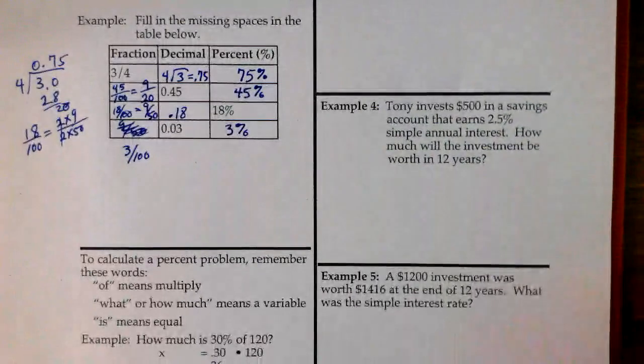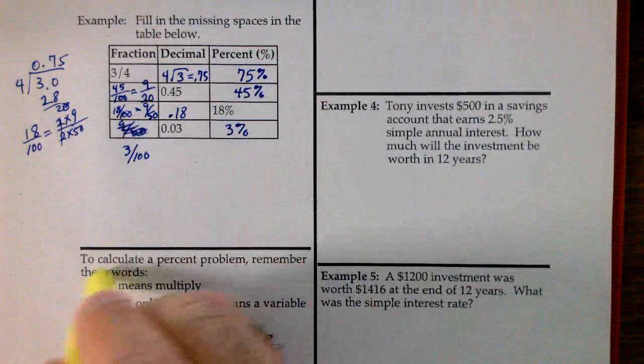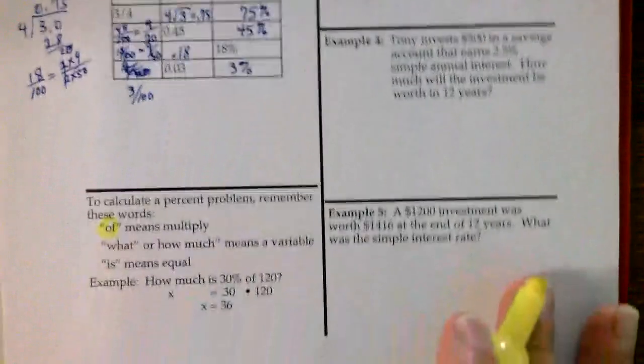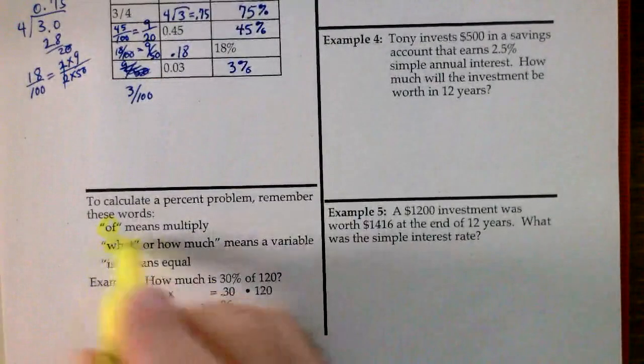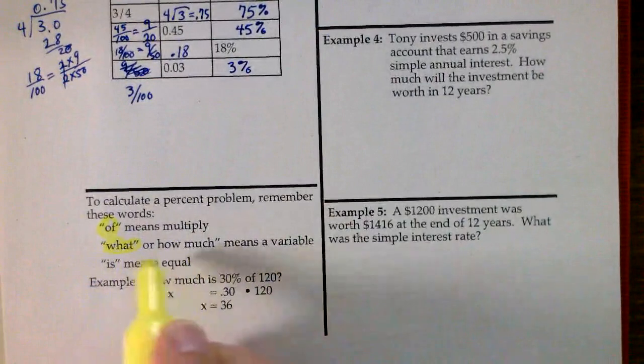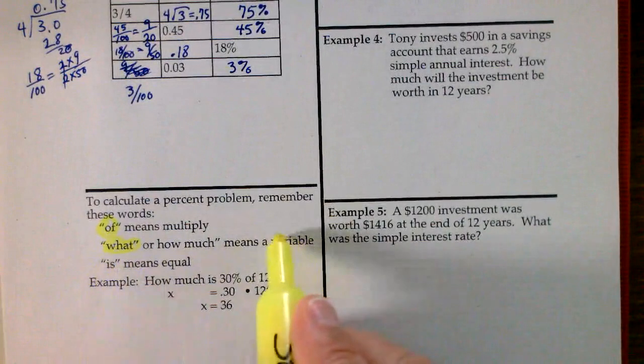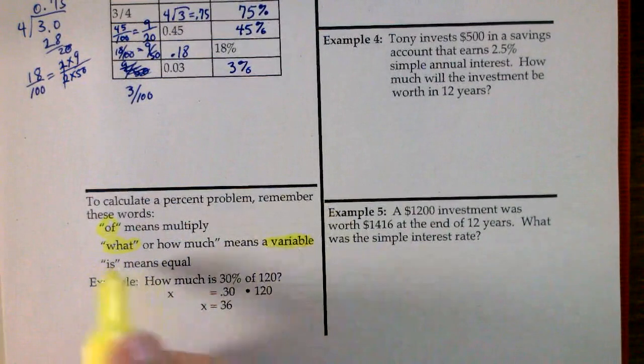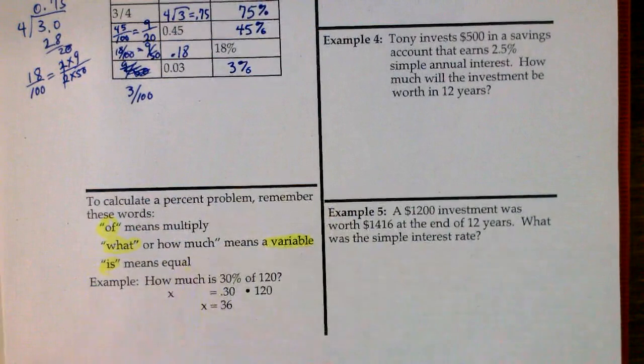Another part that's very important for future percent problems is the word of, which means to multiply. The word what, or how much, means a variable, an unknown. The word is means equals.